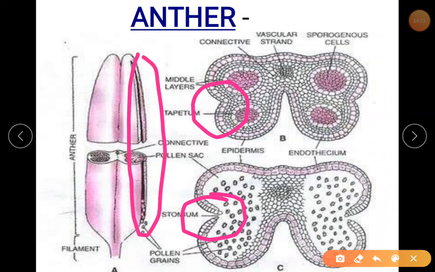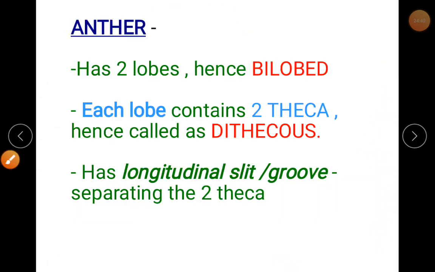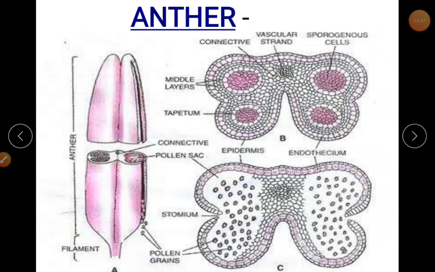It opens up during maturation to release the pollen grains. Okay. So when it is young, it is together. When it is mature, it will split open to release the pollen grains. So the terms are clear: bilobed, dithecous, and the longitudinal slit or longitudinal groove.